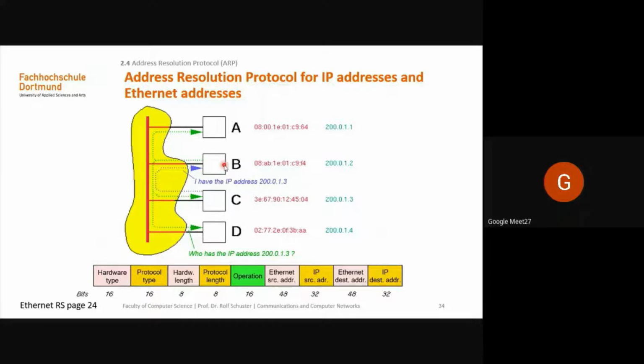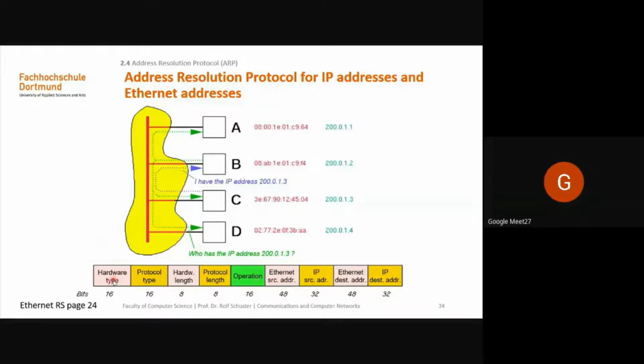In that way, when B sends the ARP request, the ARP request is sent encapsulated into a broadcast Ethernet 2 frame. Then all other stations will receive the ARP request, but in that ARP request, this field specifies that it is a request.